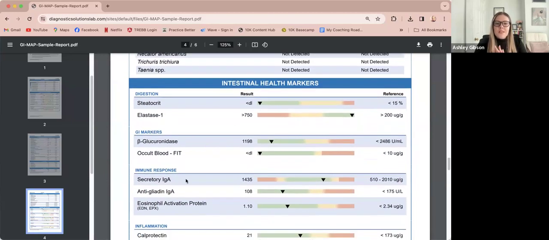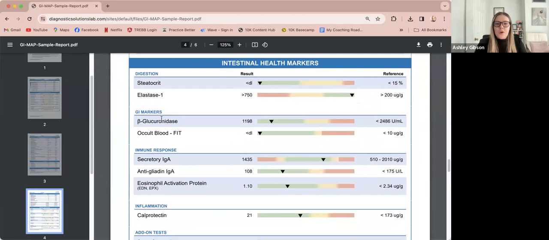Okay, here we're seeing a few other markers for inflammation. This beta-glucuronidase is the only one I'm going to mention here. My clients who suffer from really heavy, painful periods or hormonal issues, there could be an issue with how the body is eliminating estrogen.